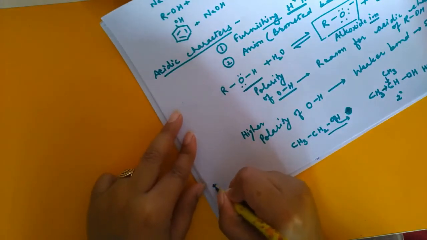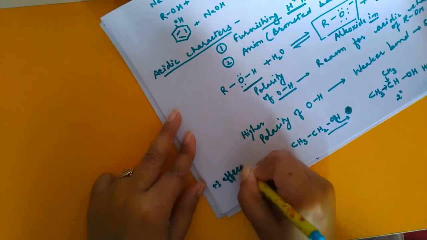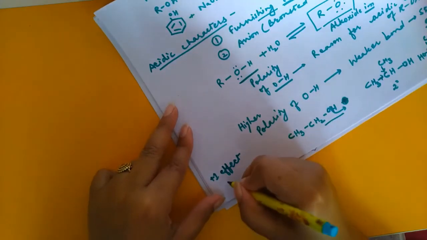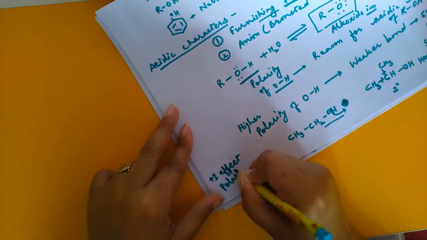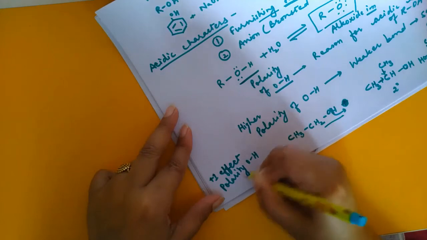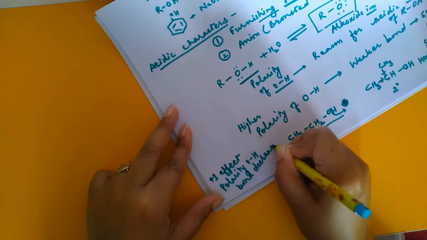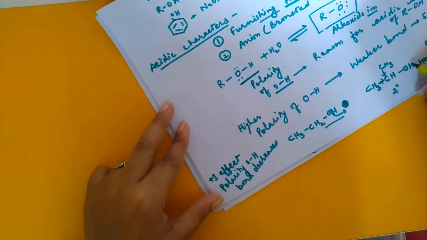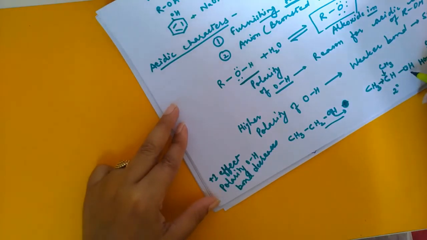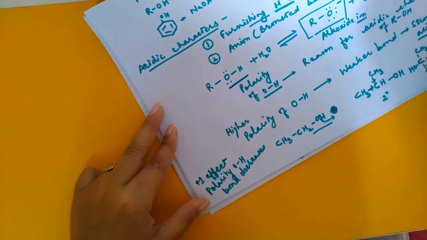So here, because of the plus I effect, the polarity of the oxygen-hydrogen bond decreases, and that is why furnishing of hydrogen ion becomes difficult, and that is why it is a weaker acid.